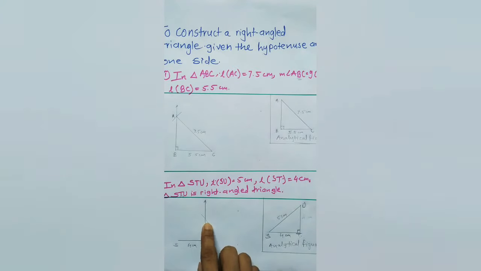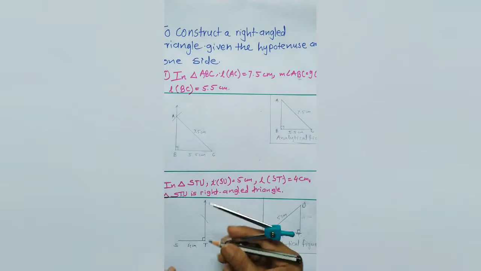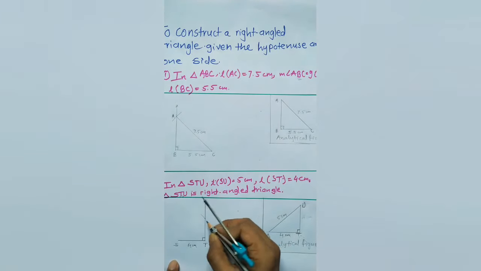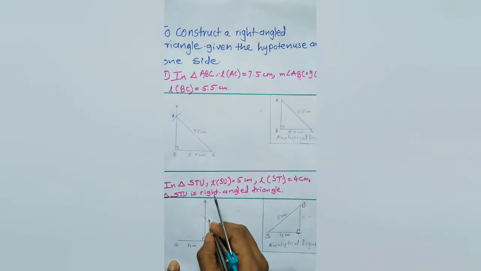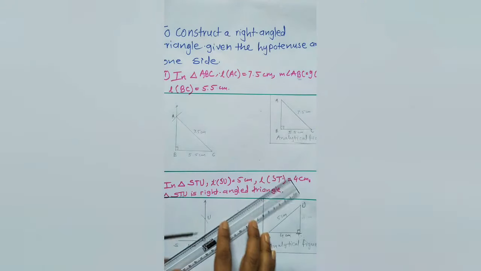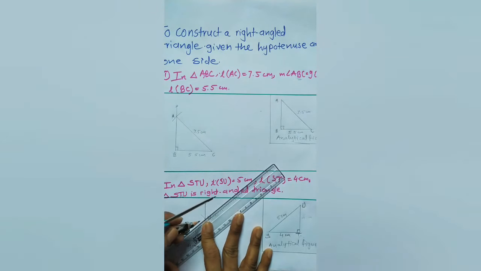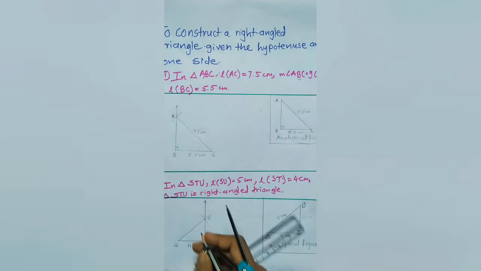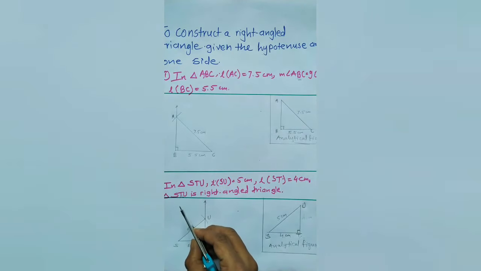So this arc and the perpendicular line intersect at this point, which is known as point U. Now join these two points. So we get 5 centimeter here.